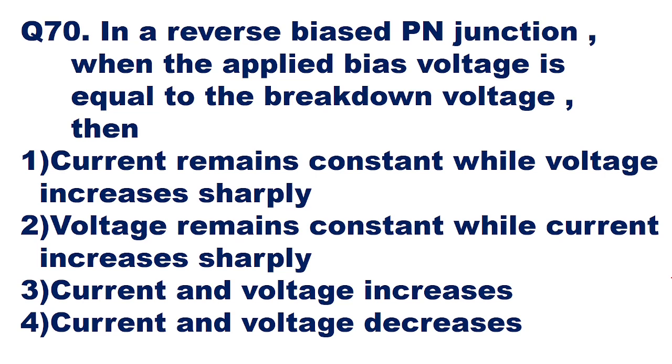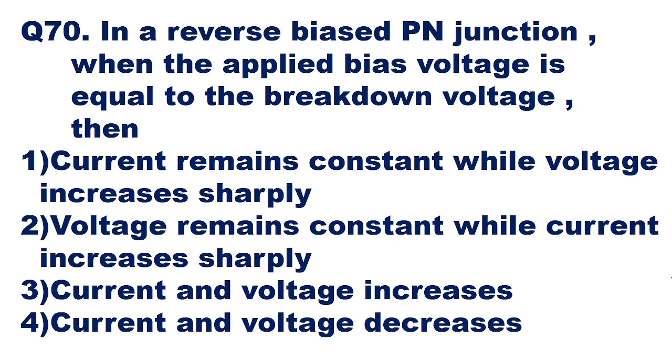That means valence electrons become free electrons, and these free electrons will be called minority charge carriers. And whenever a free electron is put into the conduction band, one hole is left in the valence band. This will create electron-hole pairs. This concept of minority charge carriers is very important to understand the reverse bias concept.